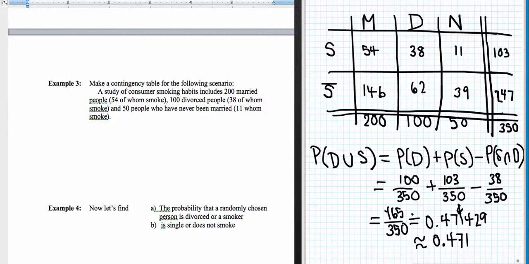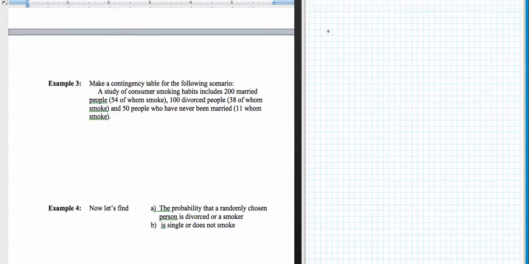And then the last one is asking for the probability that it's single or does not smoke. So this is the probability that they're single, so never been married, or that they do not smoke.